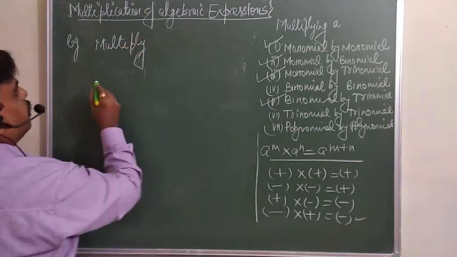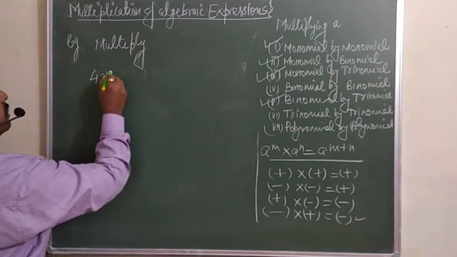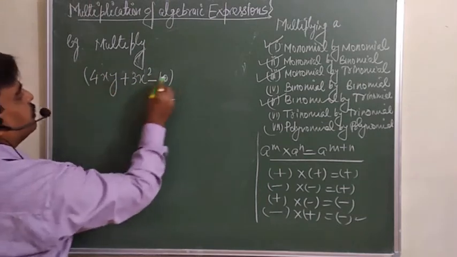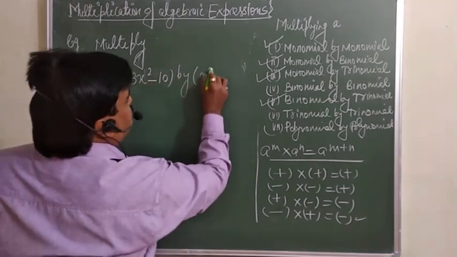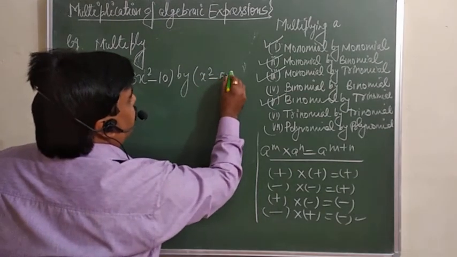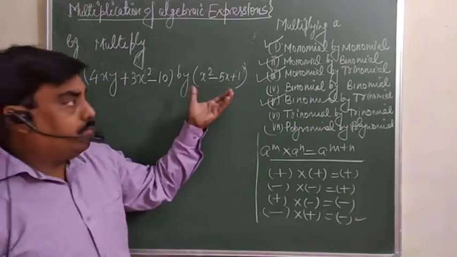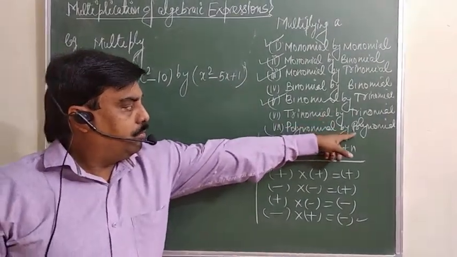Suppose the question is multiply 4xy plus 3x square minus 10 by x square minus 5x plus 1. You can see the trinomial is also a polynomial.